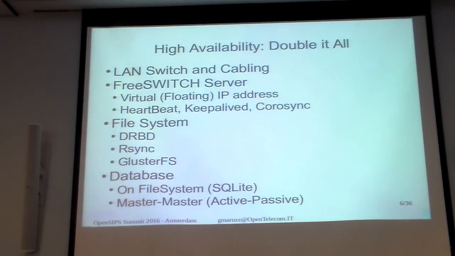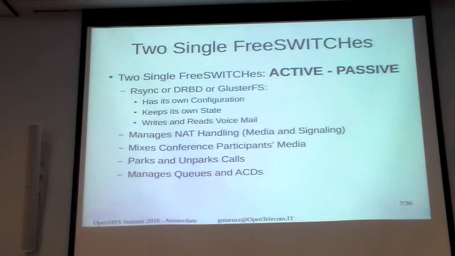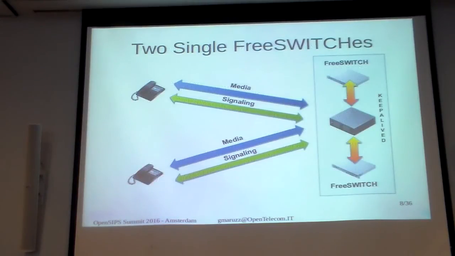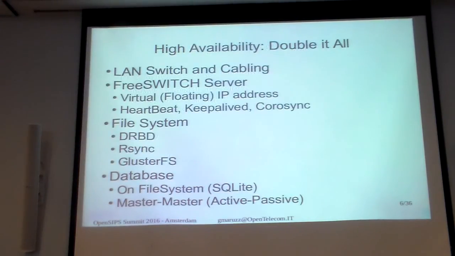How do you do that? You do it with the standard network elements that we all know, and you move the virtual IP address. You have two FreeSWITCH machines that are completely the same.